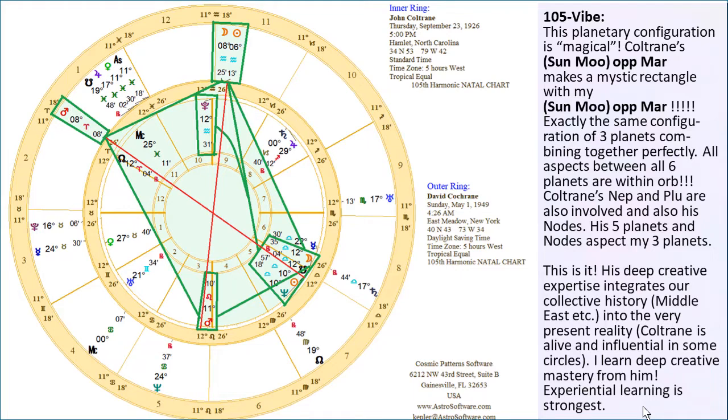Okay, in the last video in the series, let's take some time to analyze the detail of how the 35 vibration and the 35 times 3, 105, in Coltrane flows directly into my chart, and why he has an even more profound and larger impact on my life than I could have imagined.